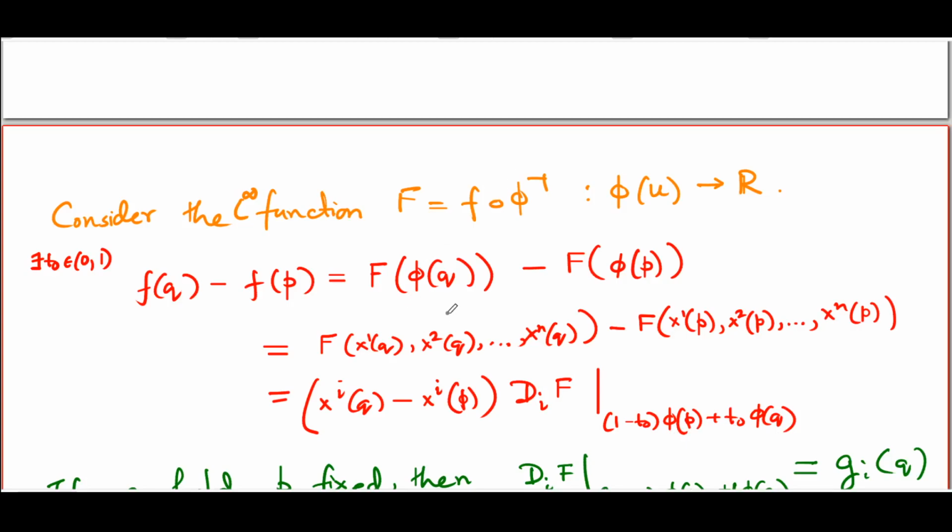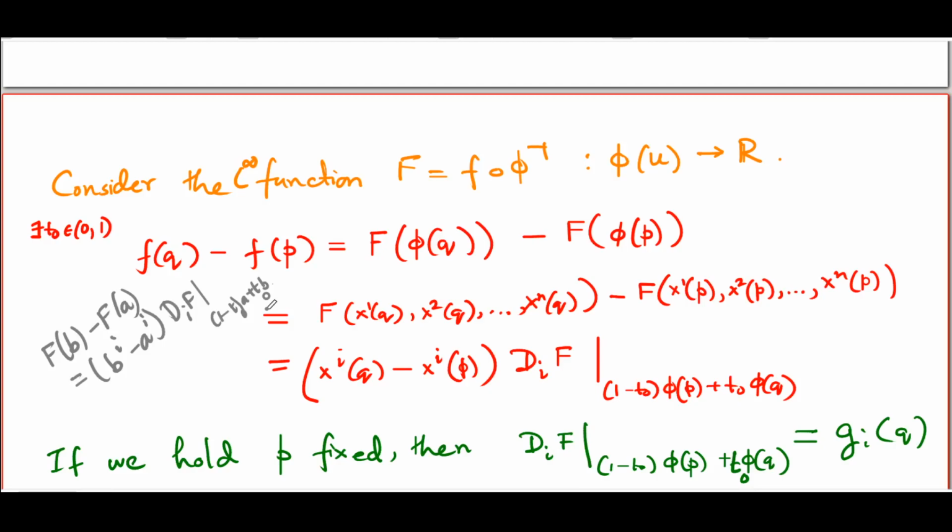Here, note that this is just a restatement of f of b minus f of a equals bi minus ai times di f evaluated at (1 minus t0) a plus t0 b. Now, if we hold the point P fixed, then what will this number di F evaluated at (1 minus t0) phi p plus t0 phi q depend on?